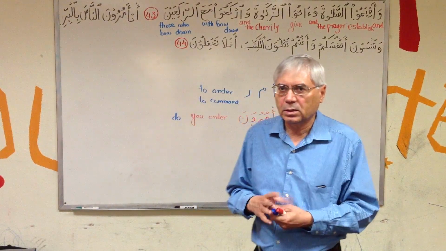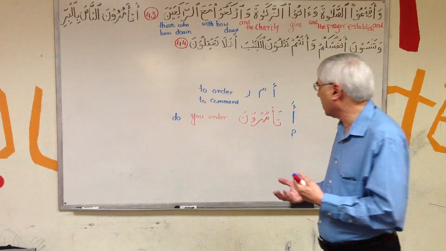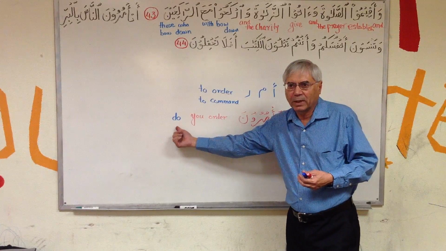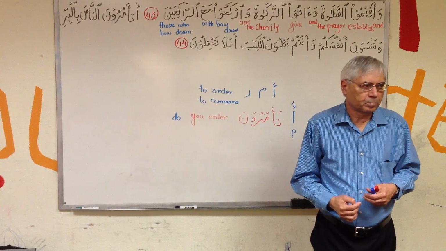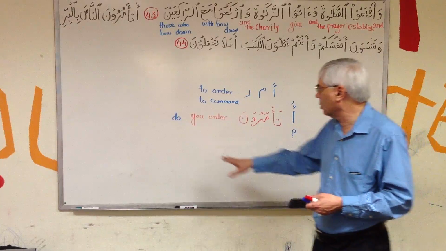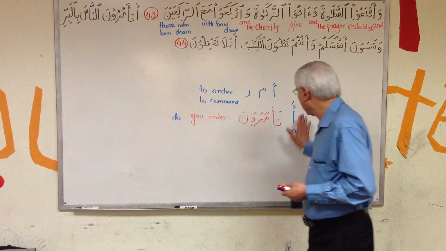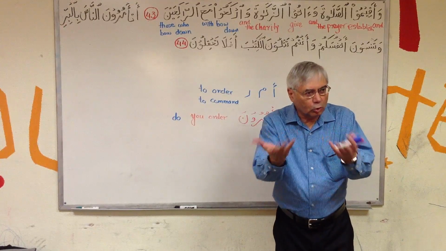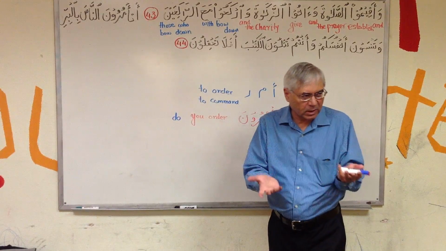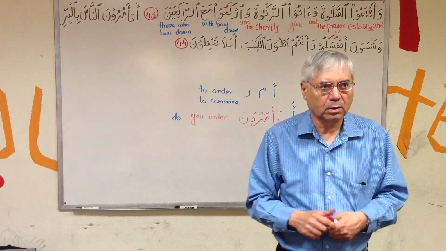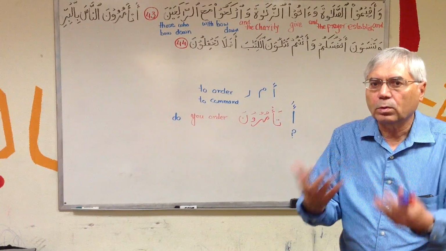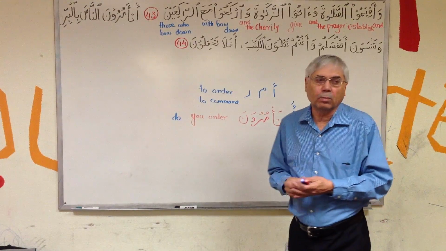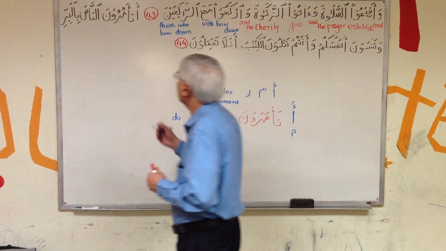Like in English, how do you put a question mark? You put a do in the beginning. In Arabic you put an alif. So the meaning becomes, do you order? It's asking, are you ordering? So the word is ata'muruna, which means do you order?